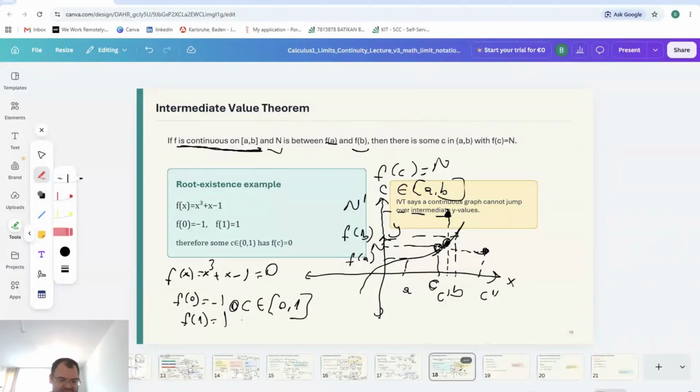So there must be a c value such that f(c), c being our root, equals 0, and c must be between 0 and 1. Why? Because when you give f(c), it is our root. Since it is our root, the y value is 0, and y value 0 is between minus 1 and 1. So if 0 is between minus 1 and 1, that c value must also be between 0 and 1. So a root exists.